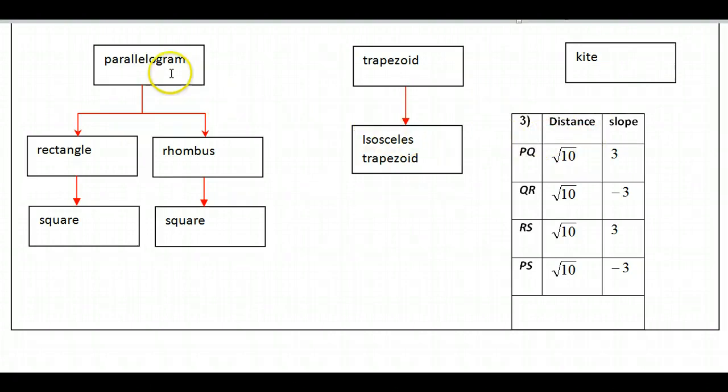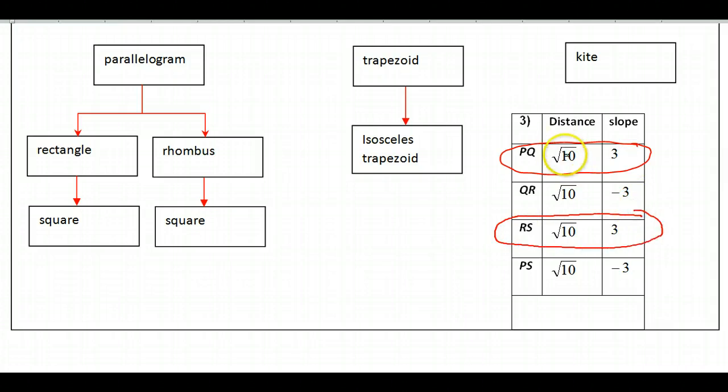If it is a parallelogram, opposite sides will be congruent, and opposite sides will be parallel. So, for example, these are opposite sides. Radical 10, opposite sides are congruent. 3 and 3, these opposite sides are parallel.